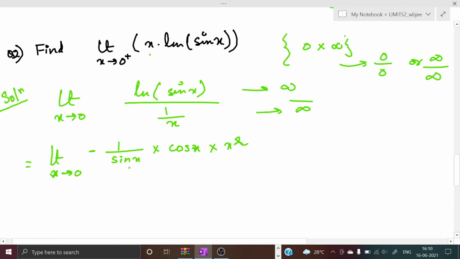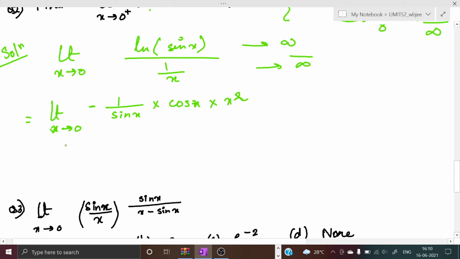So this will be equals to the limit as x tends to 0 plus of minus x square by tan x.